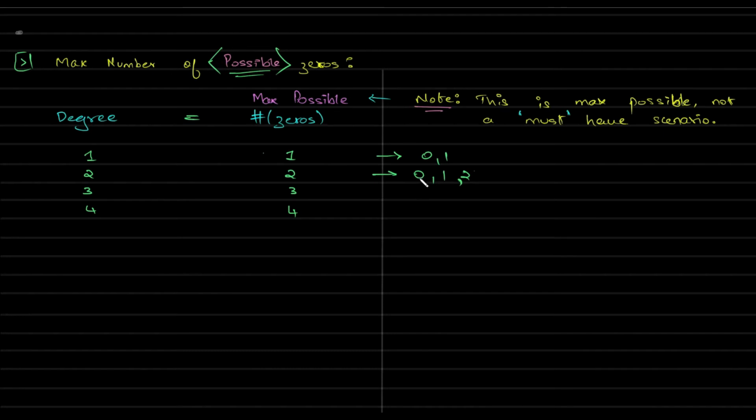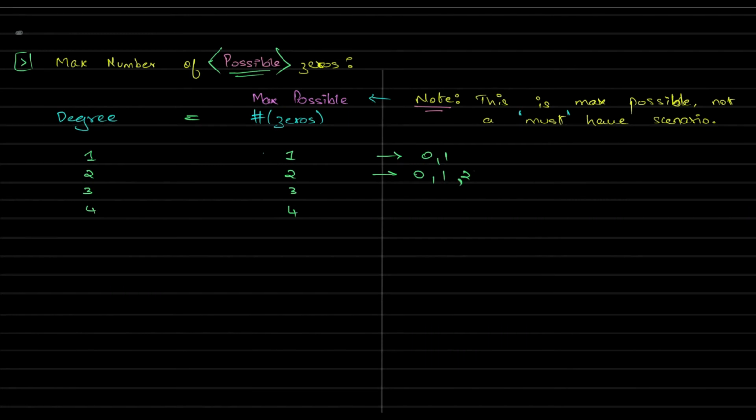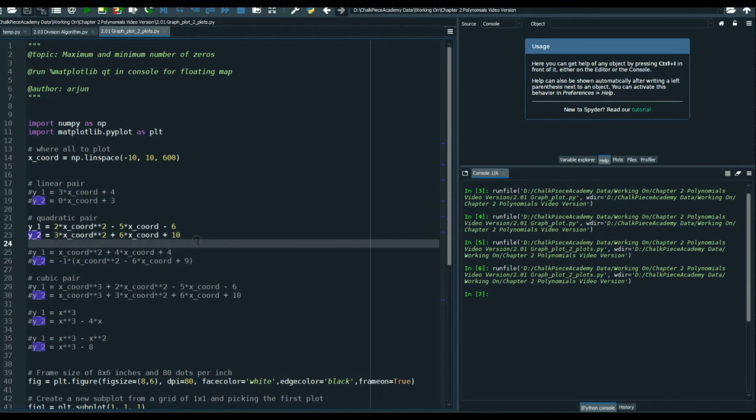Again, remember, zeros are that input value which makes the output 0. For the red graph, there is no real number which can make the graph pass through the x-axis. You cannot split the middle term, you can't do anything about it.